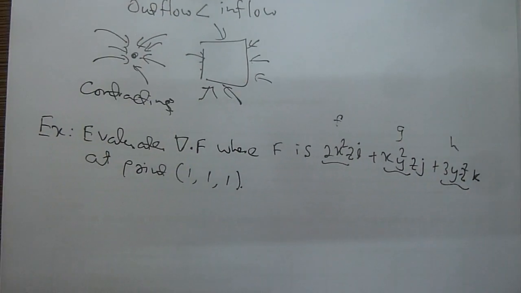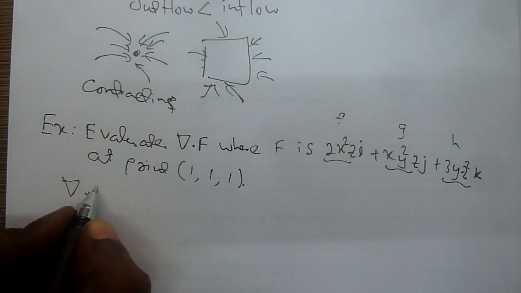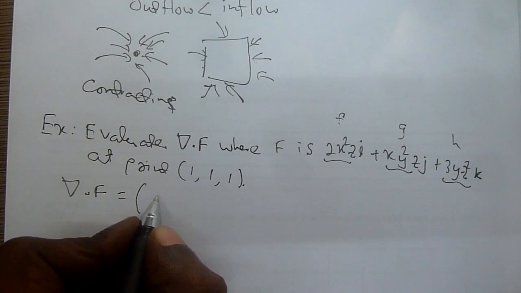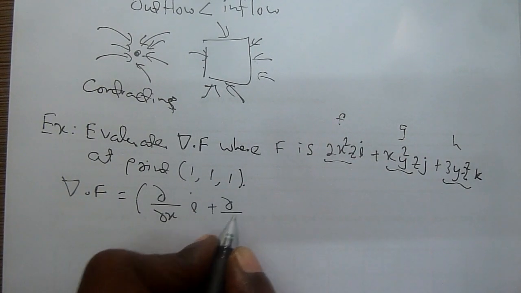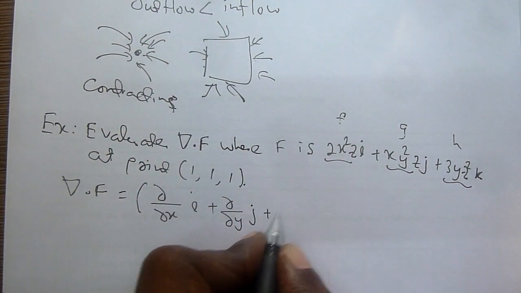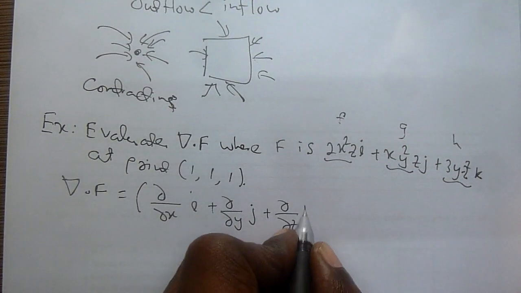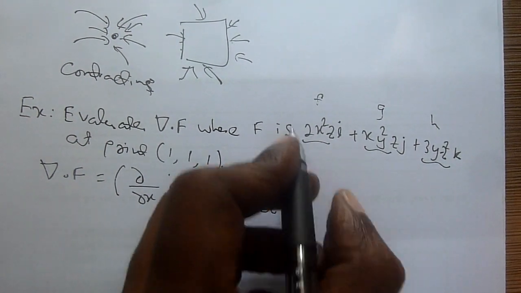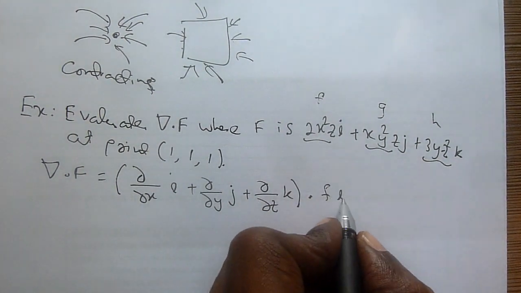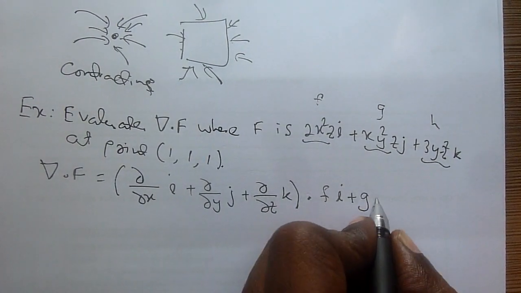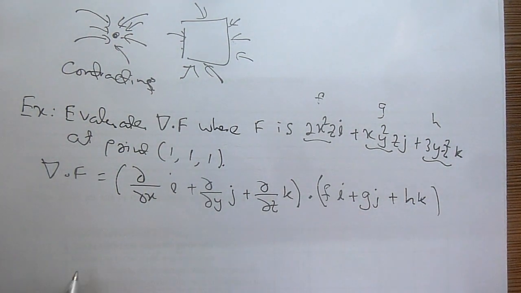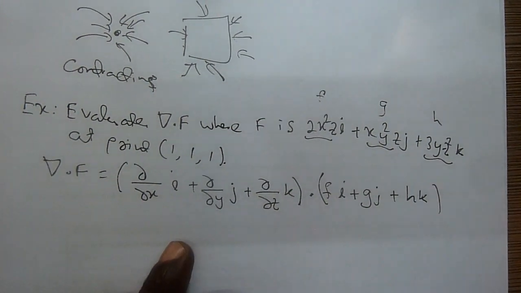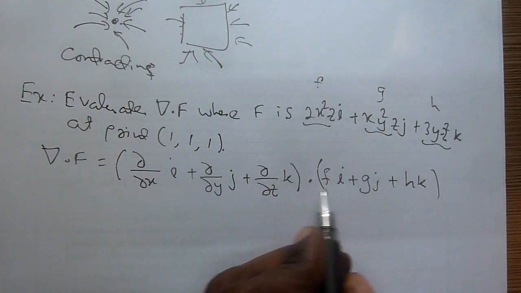Therefore, when I combine del x i, del y j, del z k, in a dot product with this, you imagine this as f i, g j, h k in a dot product, and you can combine it back.